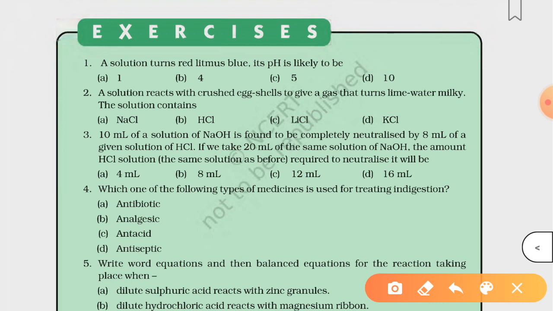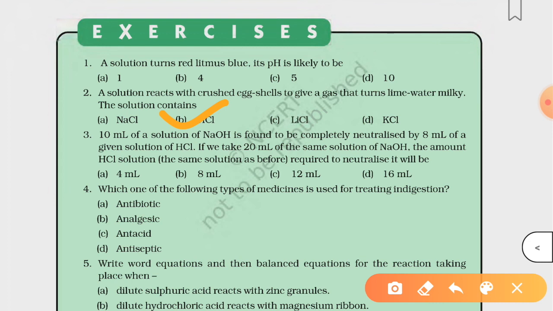That's why if lime water has been turned milky, definitely the gas is CO2. And as I told you, metal carbonate, when it combines with acid, releases this gas. So out of the options NaCl, HCl, LiCl, KCl, HCl is the acid, the rest are not.